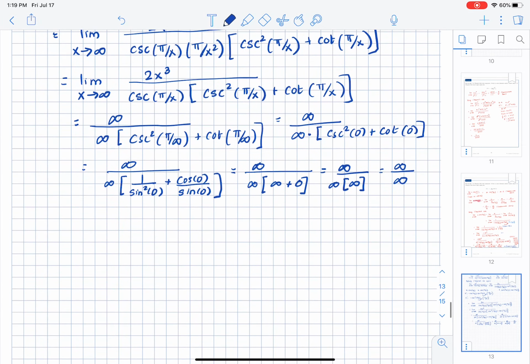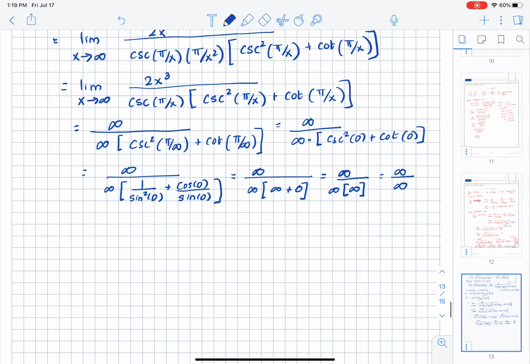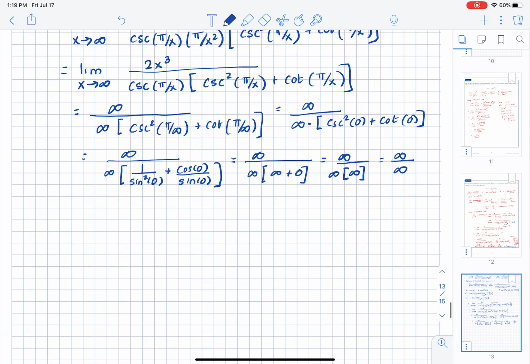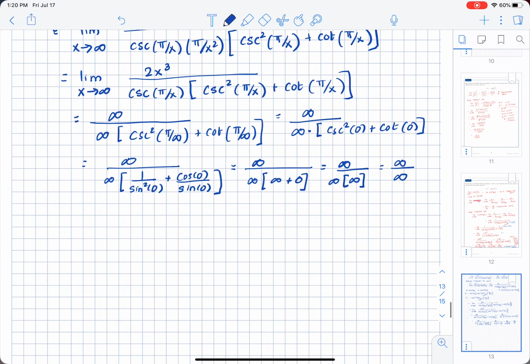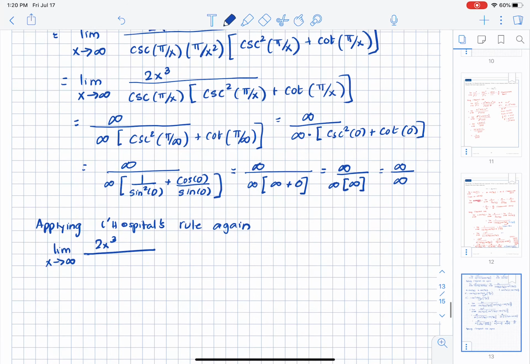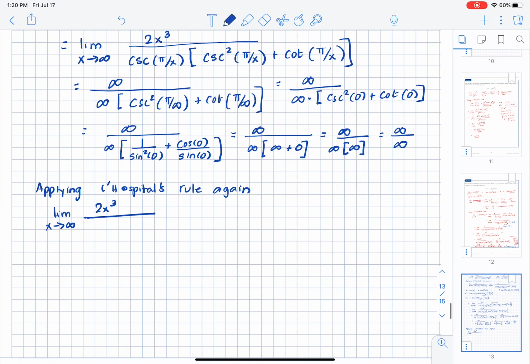So it looks like we have to apply L'Hopital's rule one more time. So now we have to take the derivative of the numerator and the derivative of the denominator.